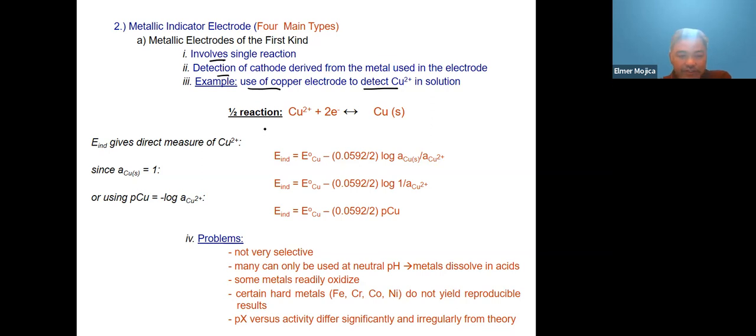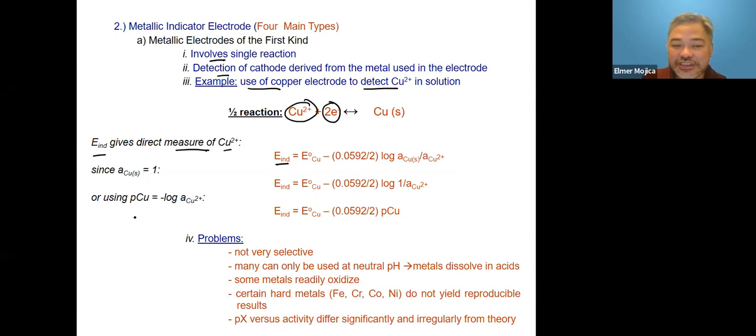Okay? So if you're going to look at the reaction that you have here, so you have a copper 2+ and then 2 electrons, that's the reduction of copper 2+ to give you metallic copper. So if you have the indicator electrode, it gives you the direct measure of your copper 2+. So pag meron ka doon, makikita mo agad yung activity ng copper mo between the two.